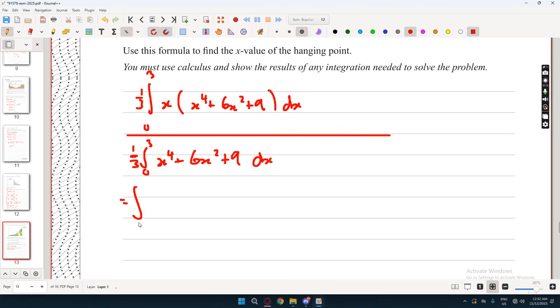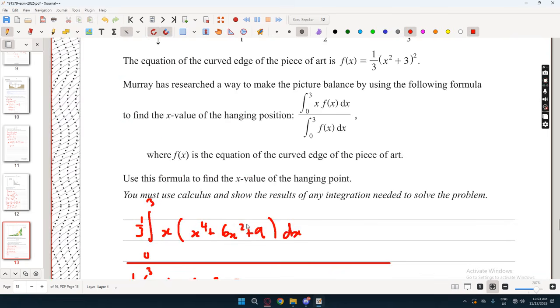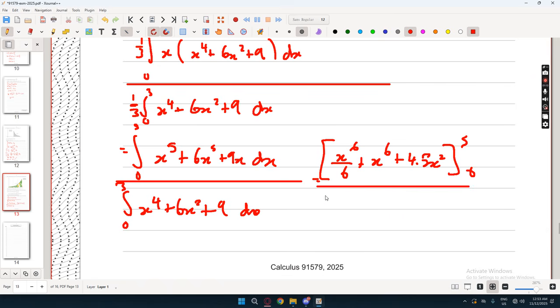So that equals the integral from 0 to 3 of x to the 5 plus 6x cubed plus 9x dx divided by the integral from 0 to 3 of x to the 4 plus 6x squared plus 9 dx. And that equals x to the 6 on 6 plus 6x to the 4 over 4 plus 4.5x squared, from 3 to 0, divided by x to the 5 over 5 plus 2x cubed plus 9x, from 3 to 0.